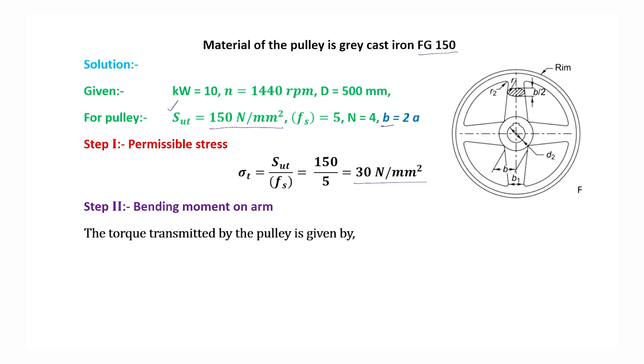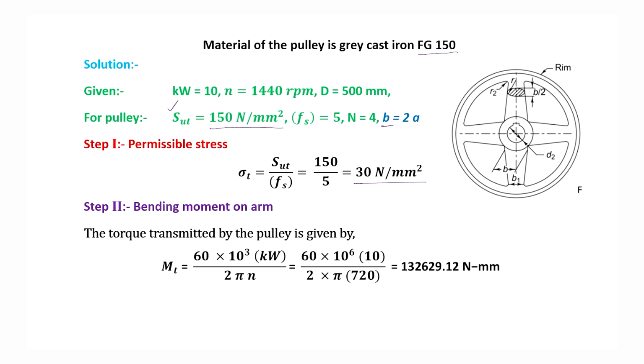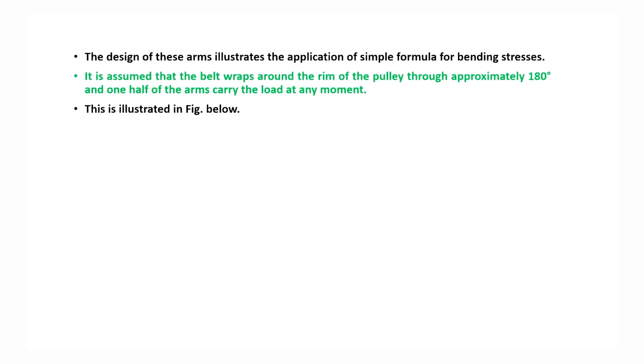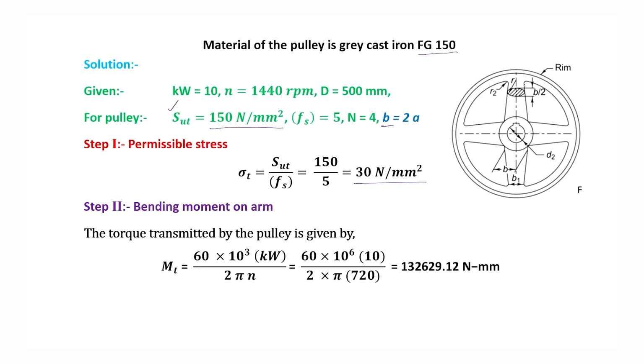The bending moment on arm. The torque transmitted by pulley is given by this formula, and you see this formula is obtained as the design of these arms illustrates the application of the simple formula for bending stress. That means, you see, the load will act at this end, and at this end the bending stresses will act. So, this principle is used here.